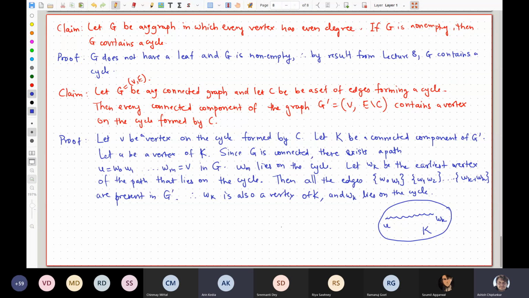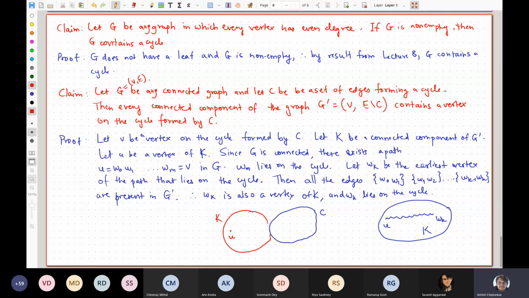Okay, fine. So you have removed some cycle C. So this is your cycle C. And now the graph got disconnected into several connected components. So suppose this is some connected component K. Suppose u is a vertex in this connected component.